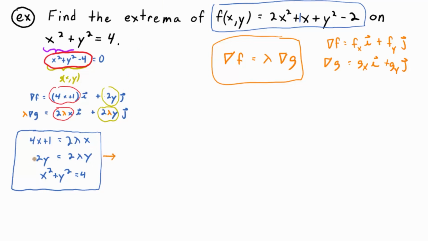First of all, is it okay to divide out constants? It's always okay to divide by a constant, which gives you y equals lambda y. What is not okay necessarily? Dividing by y would be a bad thing. You might say, well, we get lambda equals 1 if we do that.